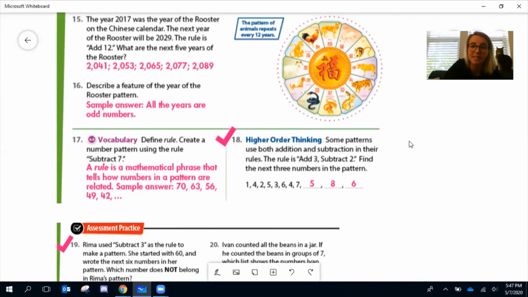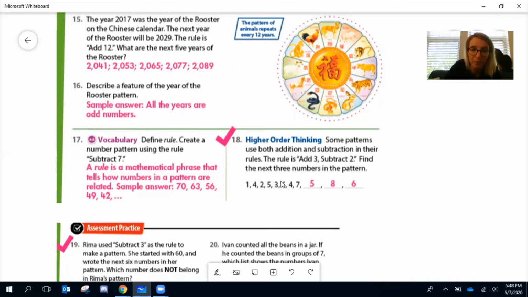Number 18 says some patterns use both addition and subtraction in their rules. The rule is add 3, subtract 2. Find the next 3 numbers in the pattern. So first they had 1 and they added 3, which gave them 4. Then they subtracted 2, which gave them 2. Then they added 3, which gave them 5, and subtracted 2, which gave them 3.